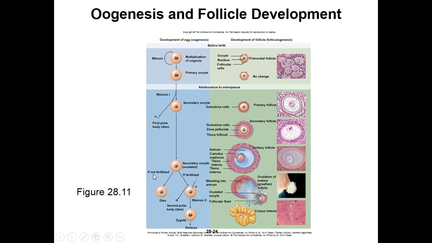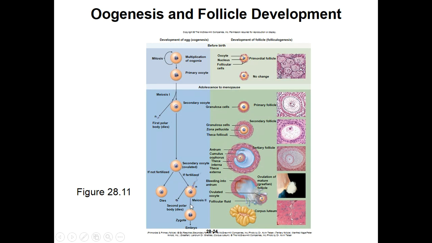Now, if the woman is not sexually active or using birth control, if the egg is not fertilized, it will die and be shed with the menstrual fluid around day 28. But if the sperm is capable of fertilizing, then the egg will complete meiosis II, and the second polar body that's generated is also kicked out of the cell.